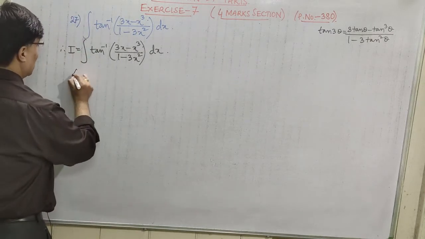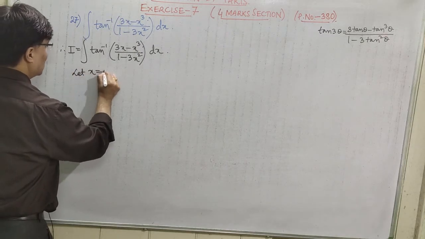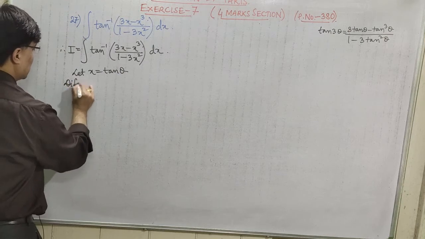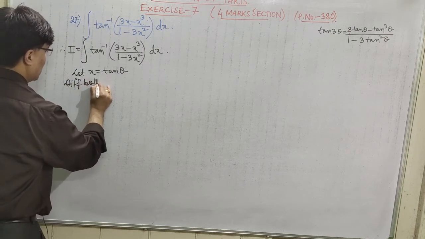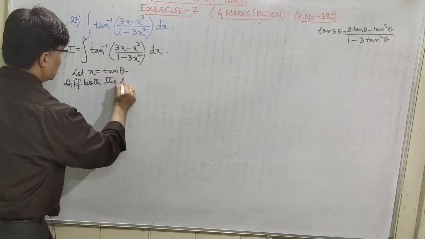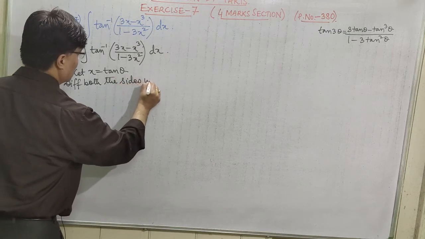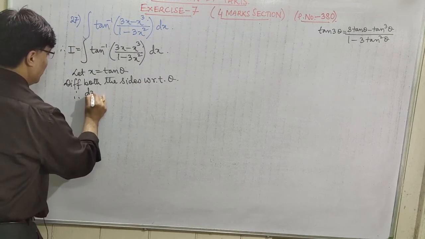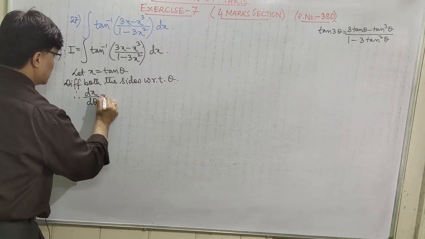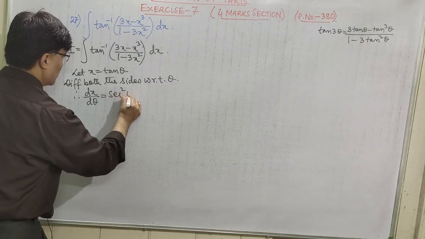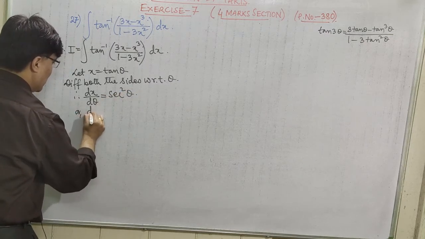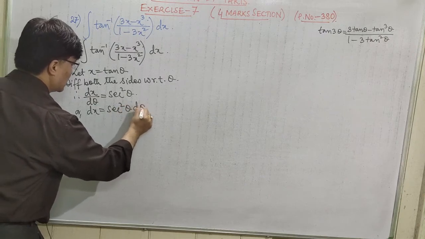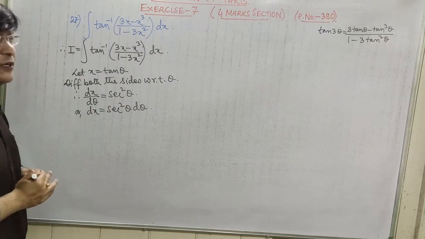So let x is equal to tan theta. Let us differentiate it, differentiating both the sides with respect to theta. Therefore dx by d theta is equal to sec square theta, or dx is equal to sec square theta d theta. So we have got the value for dx.